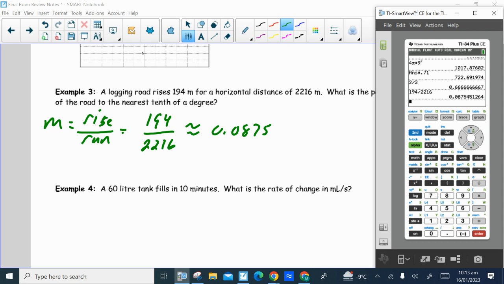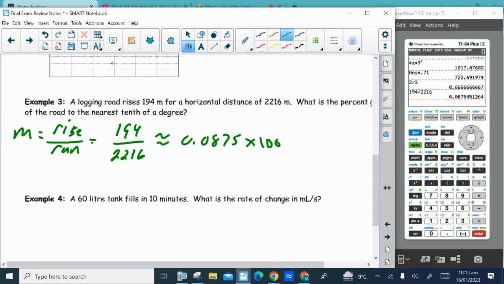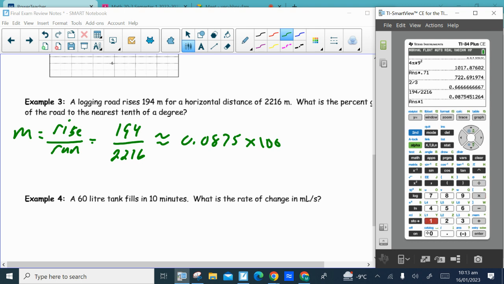So that is the slope. It's also the grade as a decimal. To get it as a percent, which we're asked to do, you got to multiply by 100. And so we'll take our calculator and multiply that by 100. And that is the grade as a percent.